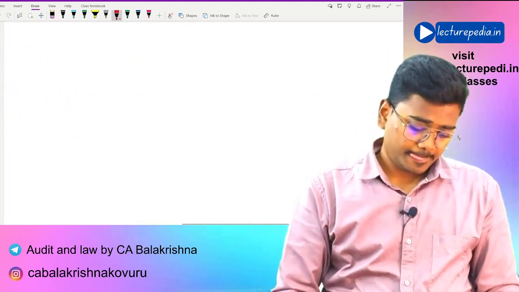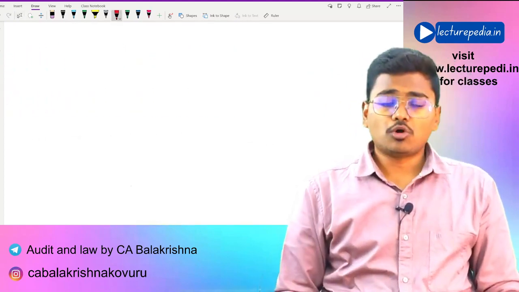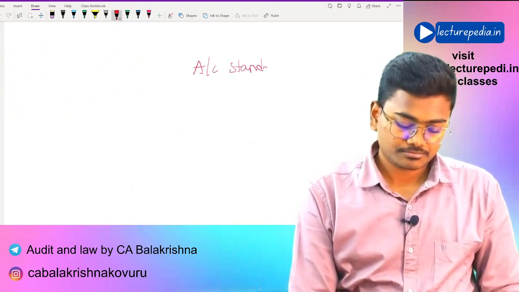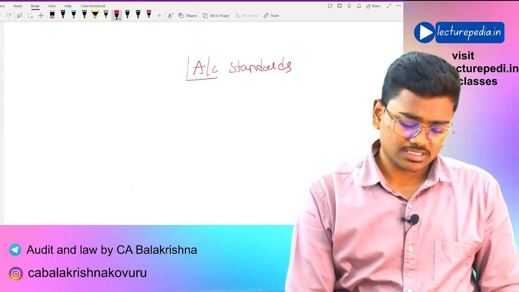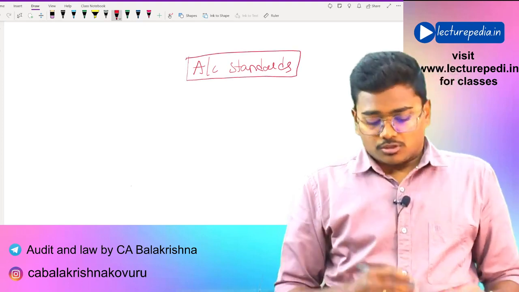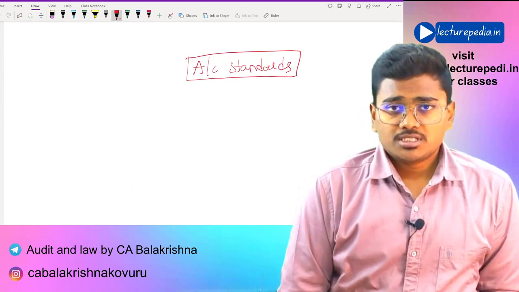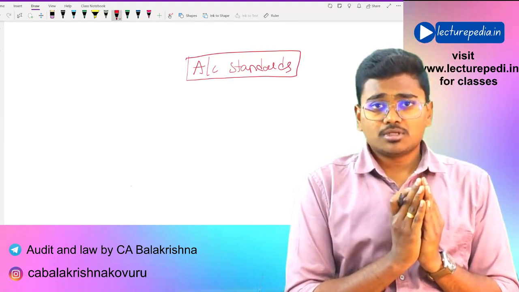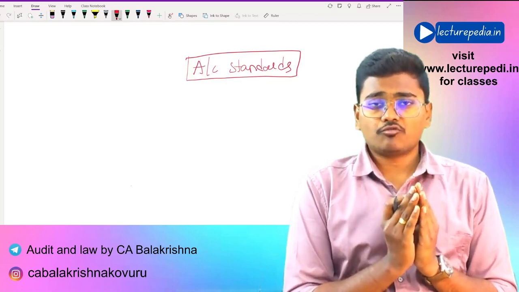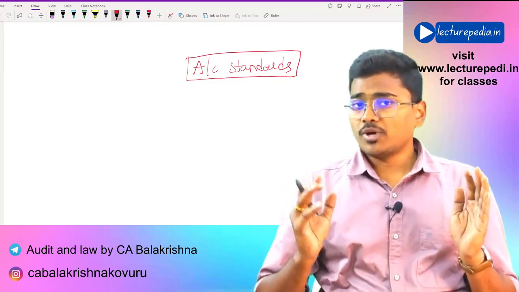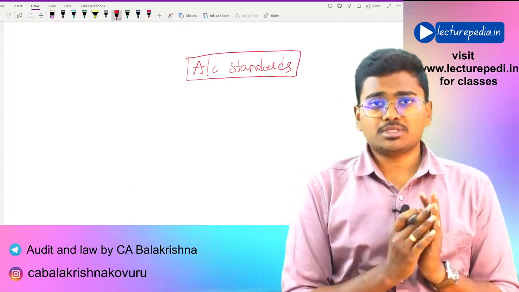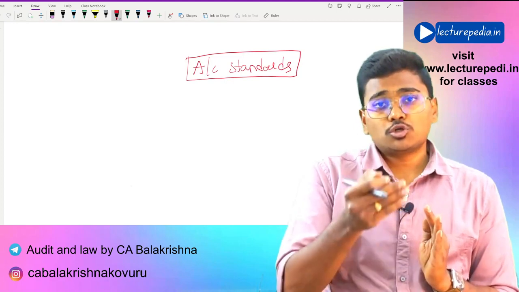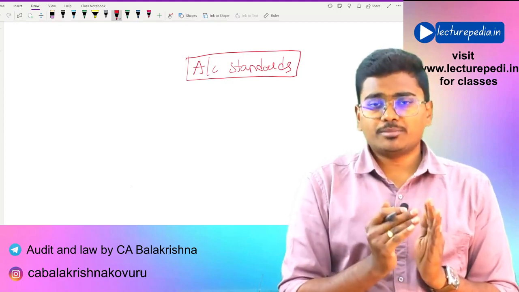If you see, similar to auditing standards, we also have accounting standards, right? Accounting standards, Indian accounting standards. Now why have these accounting standards been implemented? Because if the same rules, same procedures are followed by all the entities while preparing their financial statements, it will be easy for the users of financial statements to understand the financial statements that have been prepared by the entity.